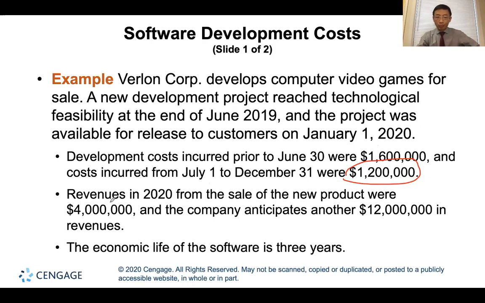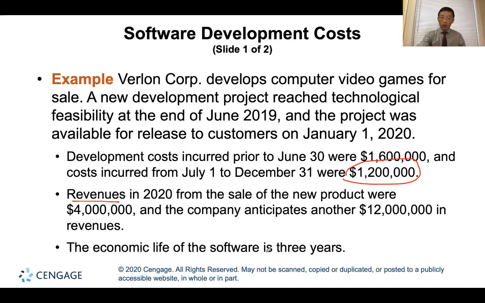And then the revenue for 2020 will be $4 million. And in the following years it will be $12 million. And the economic life of the software is 3 years.